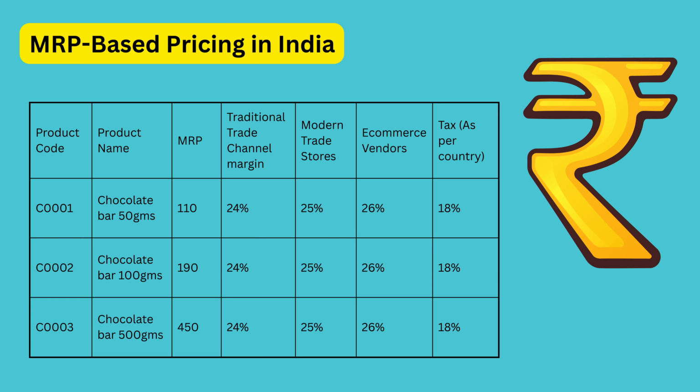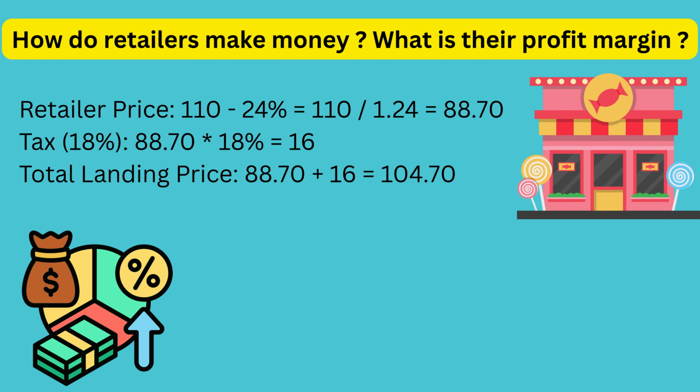Now that we understand what a landing price is, what a price list is, and what MRP is, let's discuss how retailers make money. So for a traditional retailer, the difference between the landing price and the price at which he sells his product to the end consumer is his profit margin.